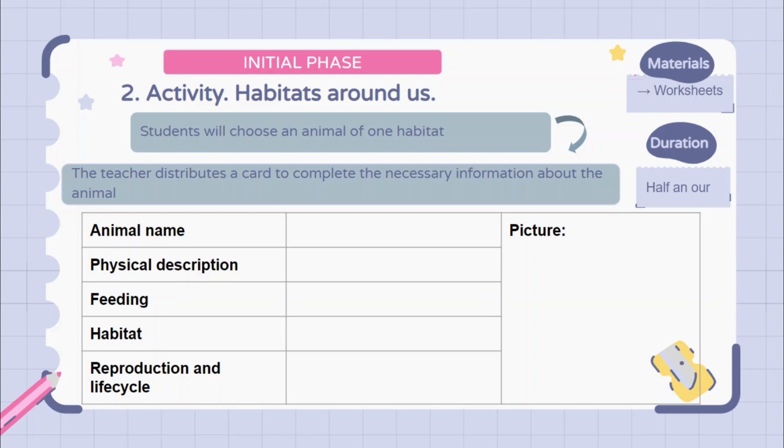Then the teacher distributes a card to the student to find the necessary information about this animal, so that each student can fill out the distributed worksheet. The materials that we are going to use are the worksheets and a pencil or a pen. And the duration of this activity is half an hour.